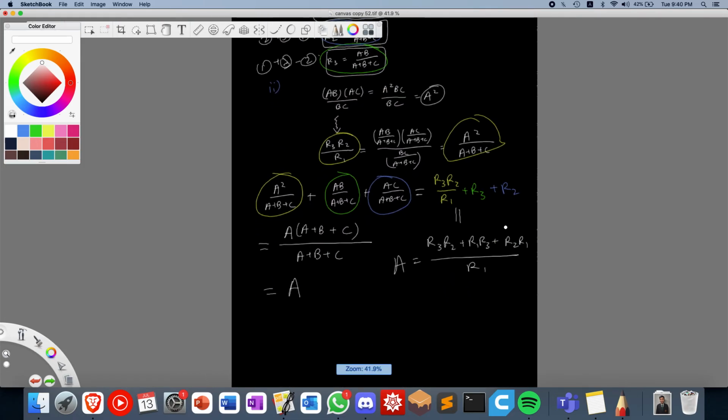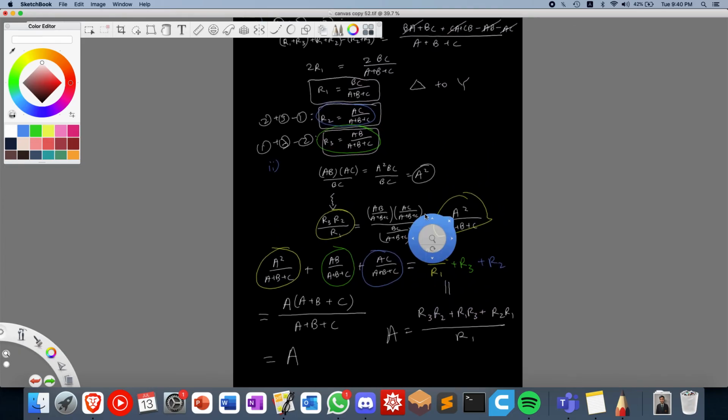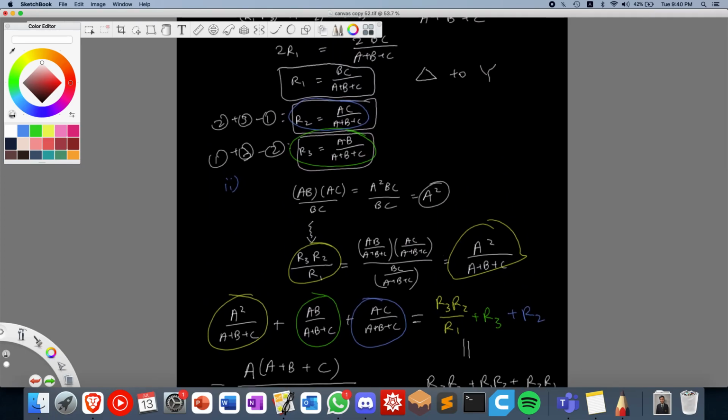I guess the key observation here is that if we want to isolate A, and we only happen to have products of two terms, for example AC or BC, in the numerator, and then we have this annoying denominator here, then in order to isolate A, we can slap the denominator in place, and then multiply the same thing in the numerator.